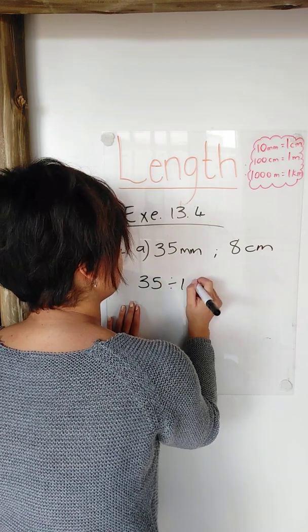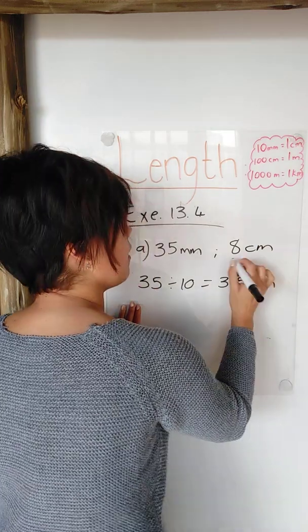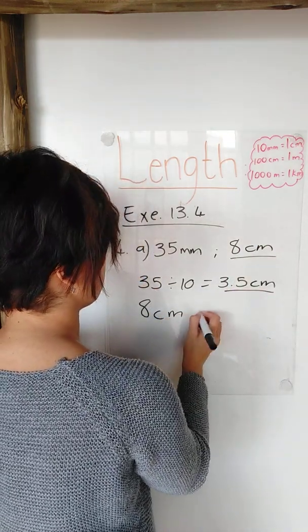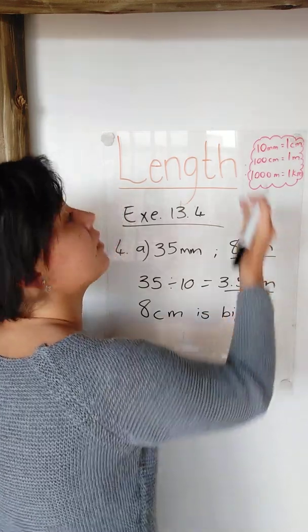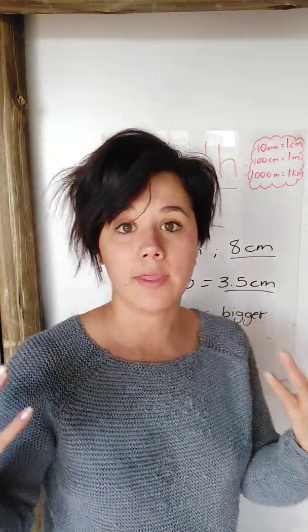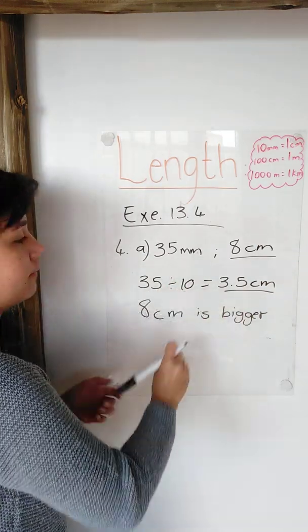So 35 divided by 10 equals 3.5 centimeters. Now, which one is bigger? It would then be 8 centimeters is bigger. Now, it's the same with the other units. You're just going to times them, okay, to make them smaller, or divide them to make them smaller.